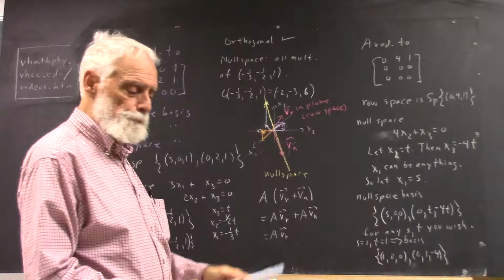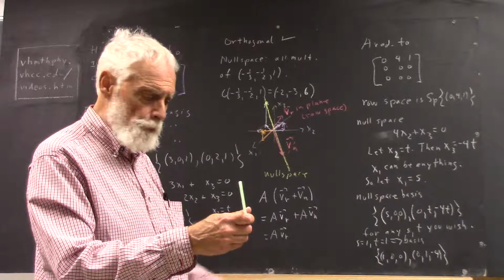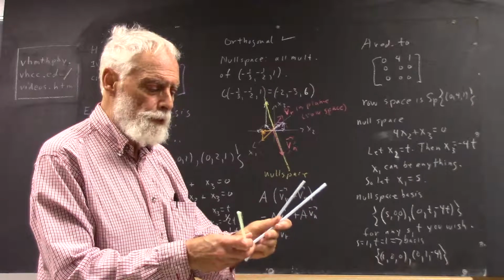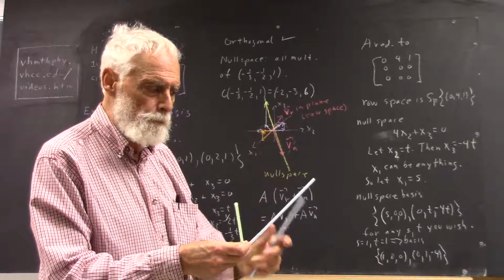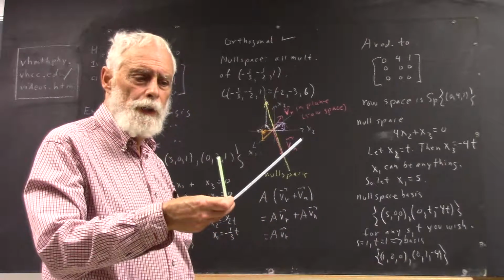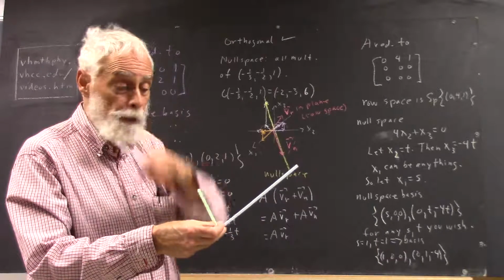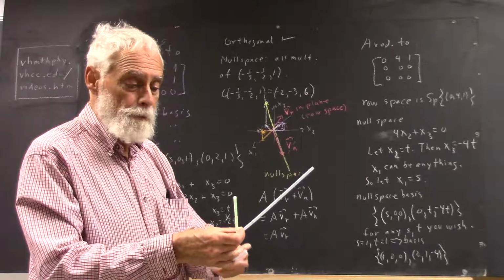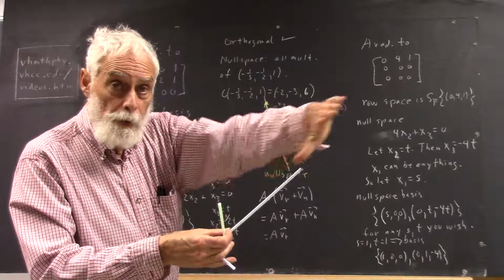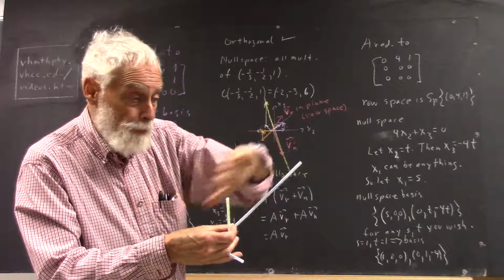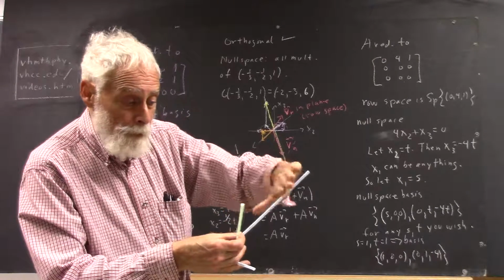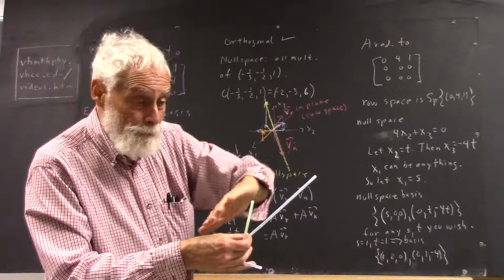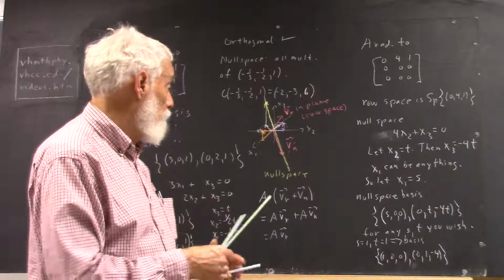Okay, so we've got this vector in the xz plane, this vector in the yz plane, and we can see where our plane is. It's going to be in this direction. If I put something flat across here, it's going to form our plane. Okay?